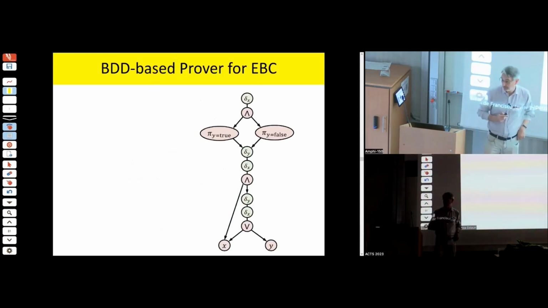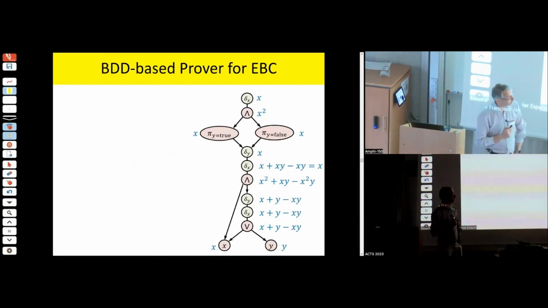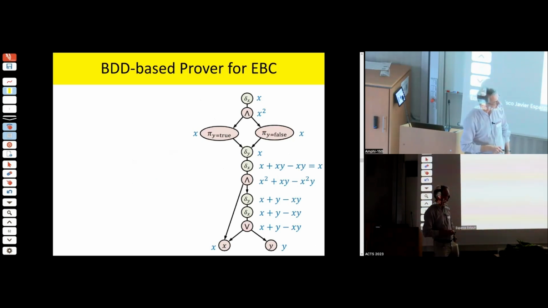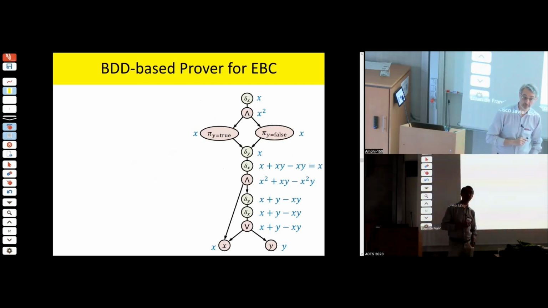Constructing BDDs. Good. So then, what's going to happen is that the prover will, in principle, have to construct all these polynomials for these nodes because the verifier is going to ask questions about them.